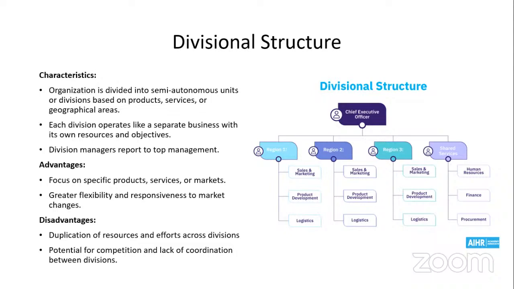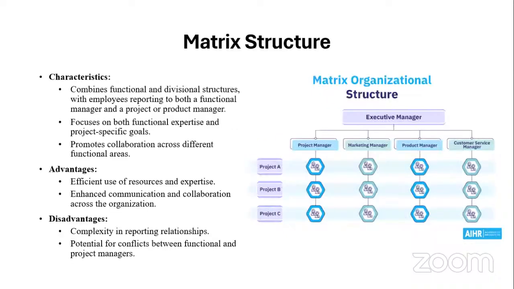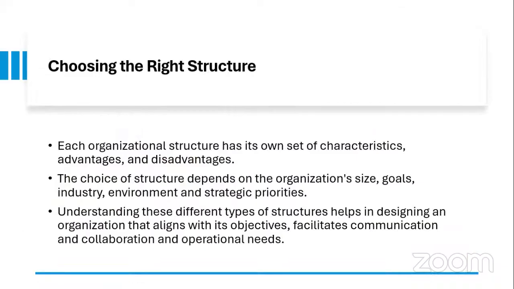So you are an HR professional with knowledge of structure, and you can diagnose what is happening to an organization based on the choice of the structure. And that's why we wrote here that each organizational structure has its own set of characteristics and advantages, and the choice of structure depends on the organization's size, goals, industry, environment, and strategic priorities.